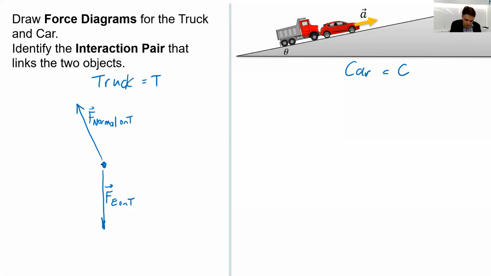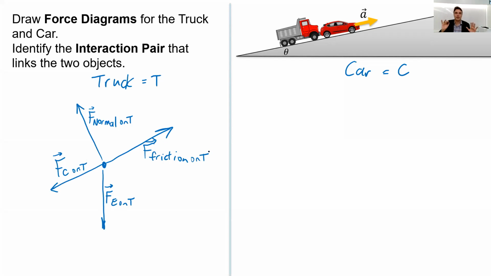And then there's going to be this backwards force, the force of the car on the truck, C on T. I guess that's sort of a normal force. And then there's a forward force, which is the F friction, and I think this is static friction on the truck. All of these forces are on the truck.